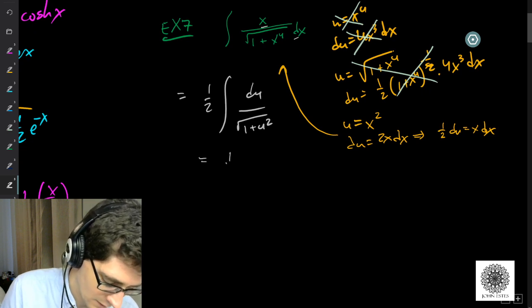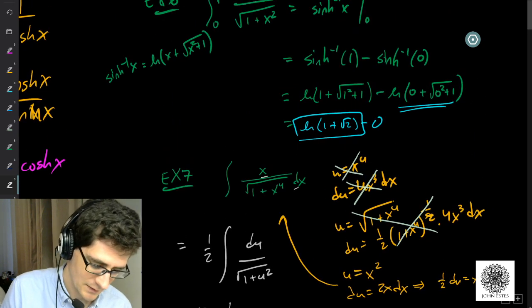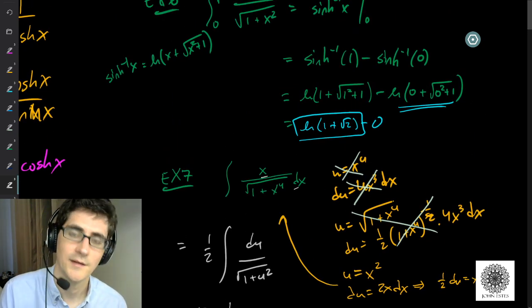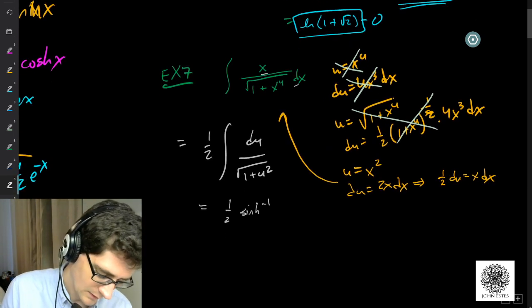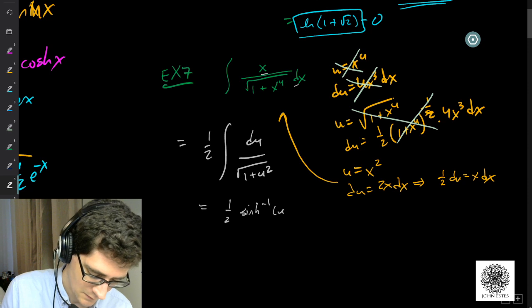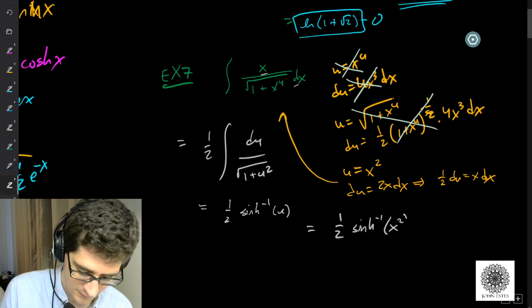Alright, so now I get 1/2. What's this integral? Well, that's just what we just did. Dx over the square root of 1 plus x squared. This is hyperbolic inverse of u. So then finally, I end up with 1/2 sinh inverse of x squared.